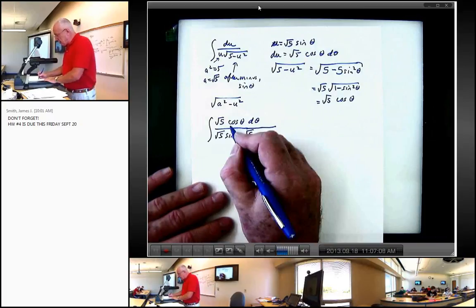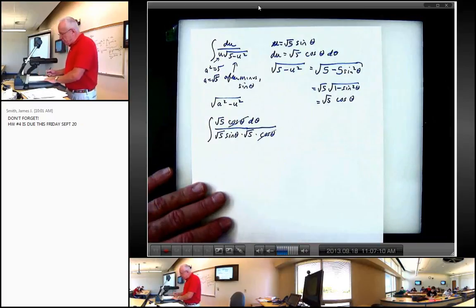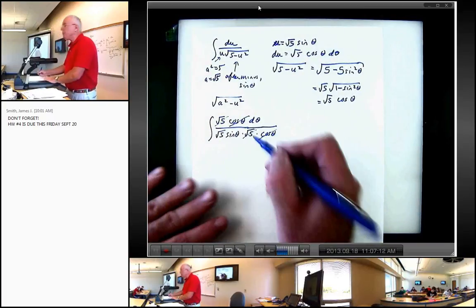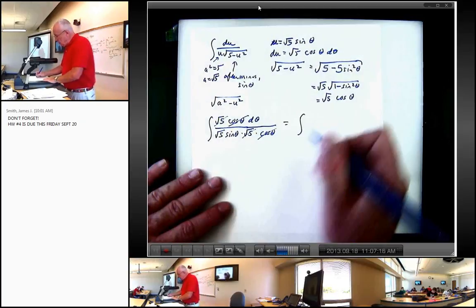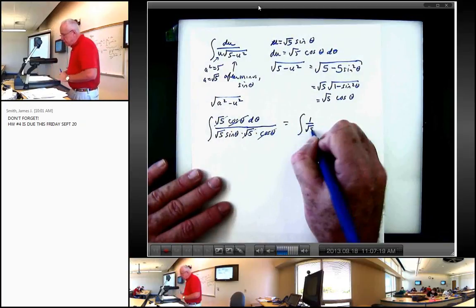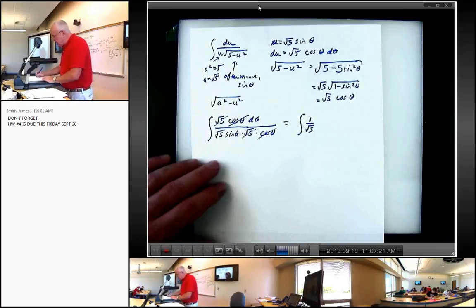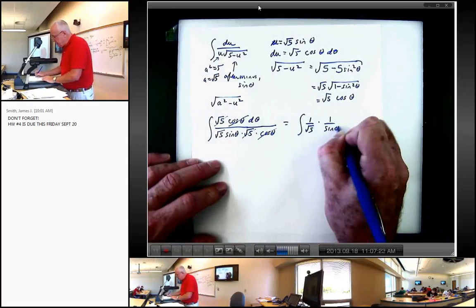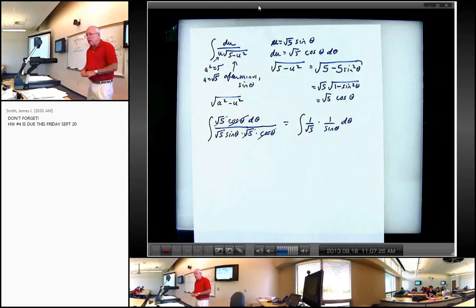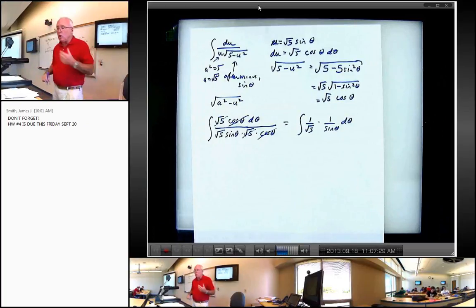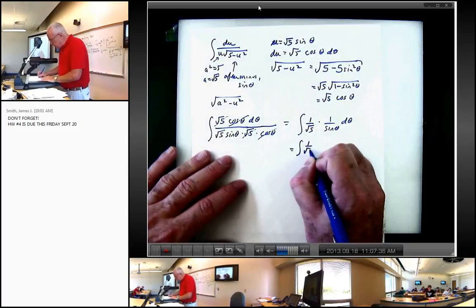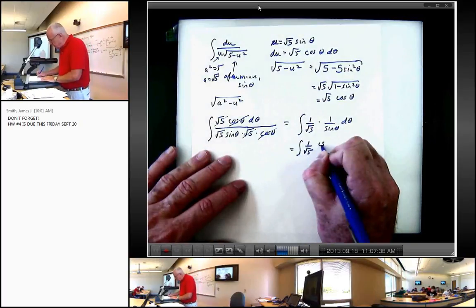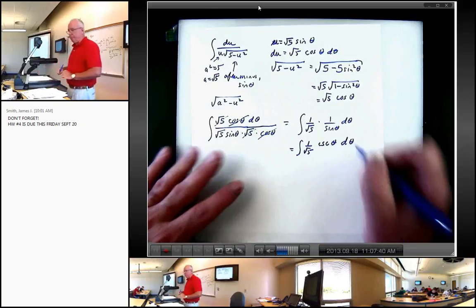Looks like a cosine can be canceled out, and one of the square roots of 5 can be canceled out. So let's write it again. We still have a square root of 5 in the denominator, and a sine of theta in the denominator. Now, remember, 1 over the sine is the same as the cosecant. So this is the integral of 1 over the square root of 5 times the cosecant of theta, d theta.